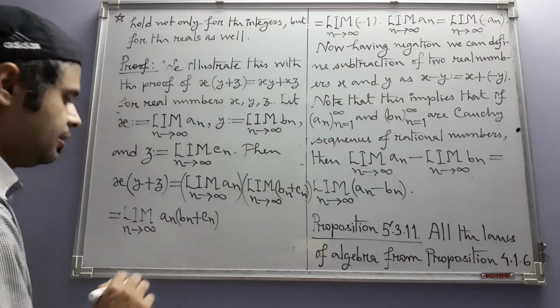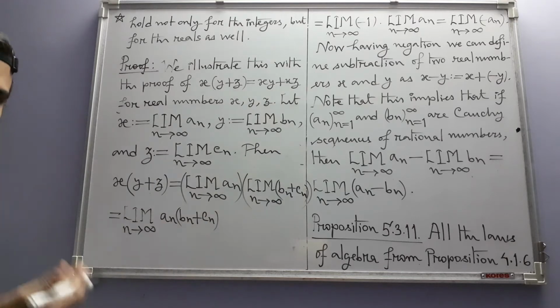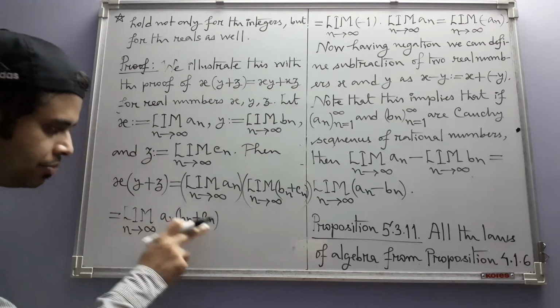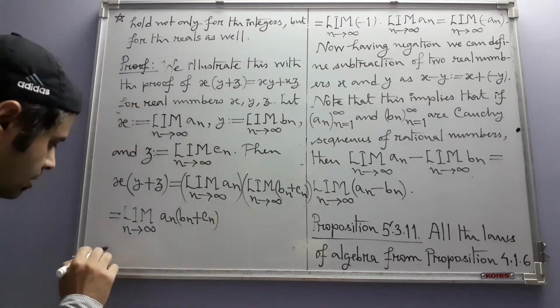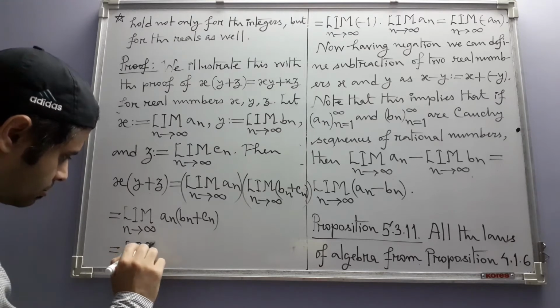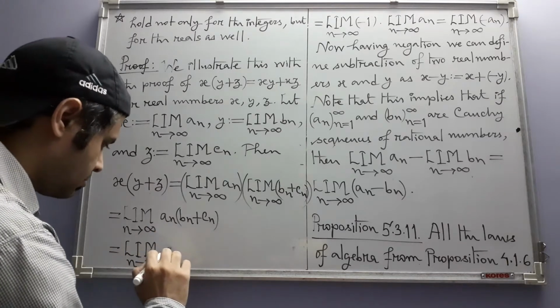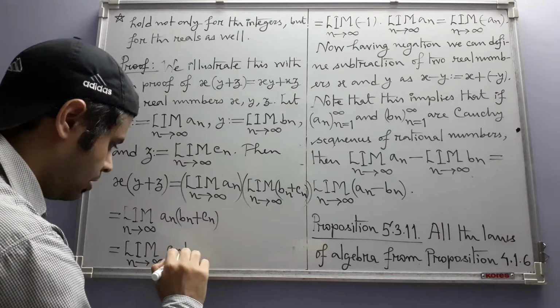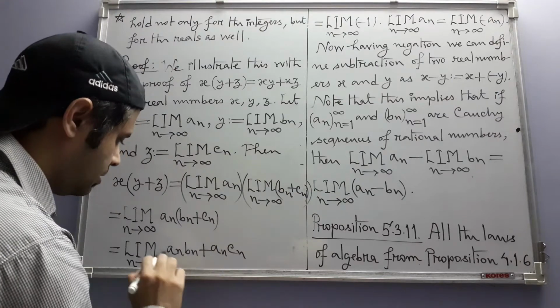Now we already know that such a law is true for the rational numbers, and these An, Bn, Cn are all rational numbers. So we can write An Bn plus An Cn.